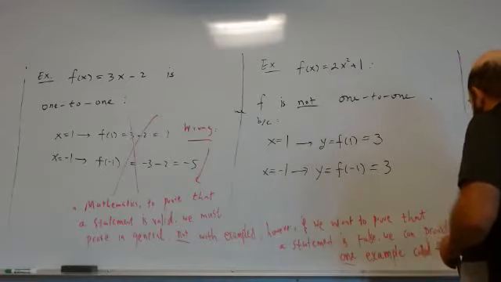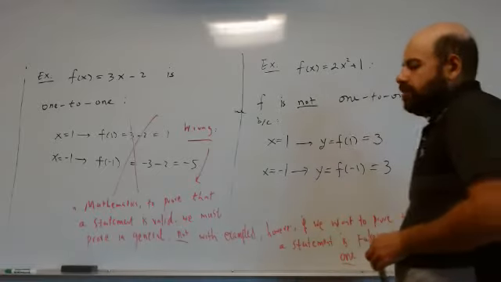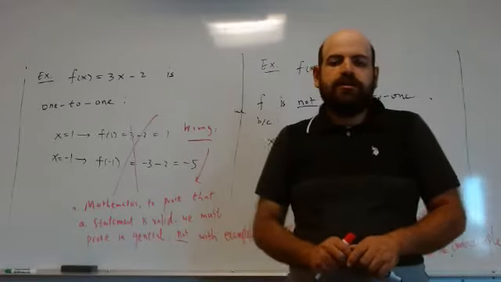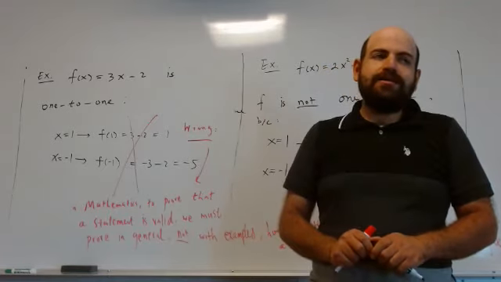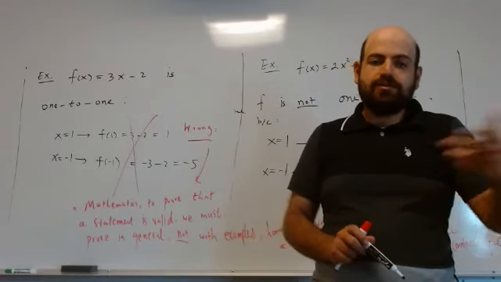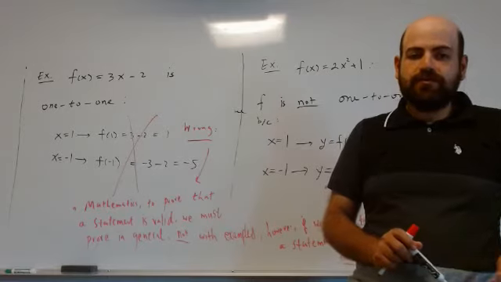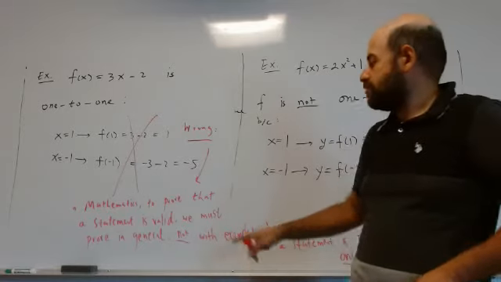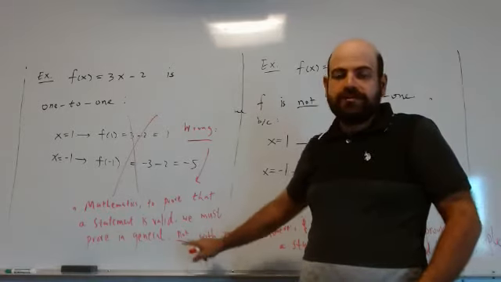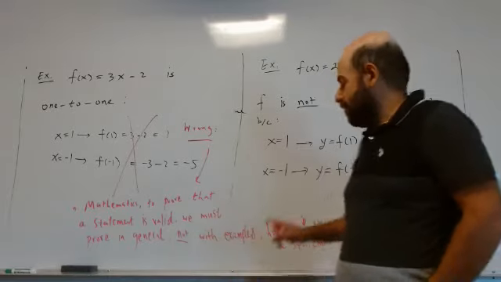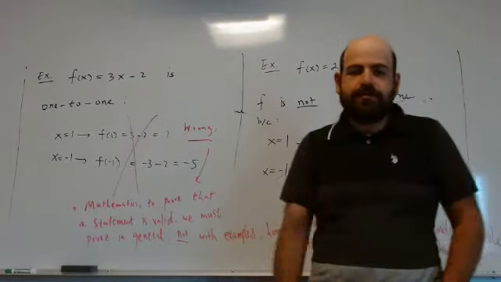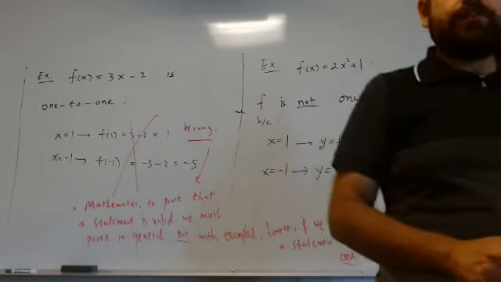So our strategy in mathematics really depends on whether we want to show that the statement is true or we want to show that the statement is false. If we want to show it's true, we cannot do it with examples. It has to be in general. If you want to show it's false, one example is enough, which is called a counterexample.